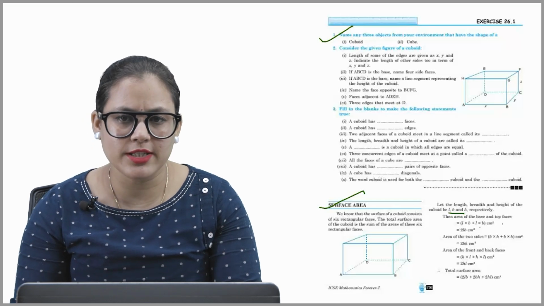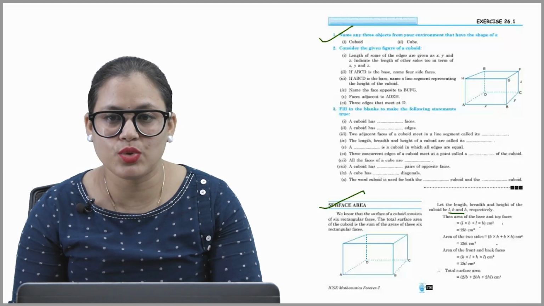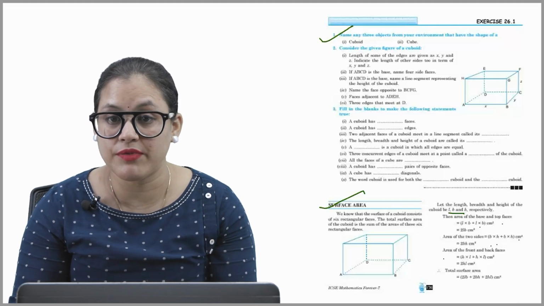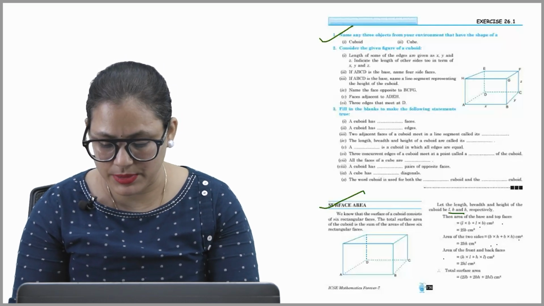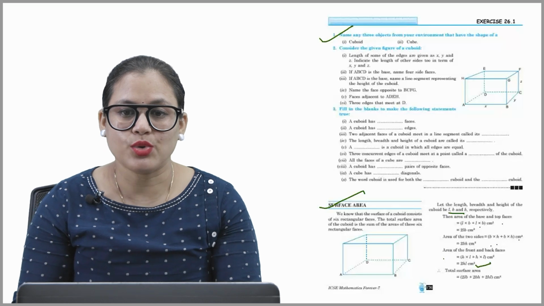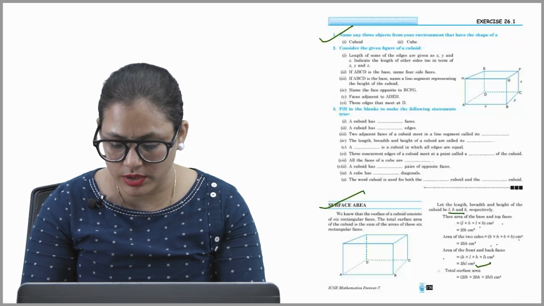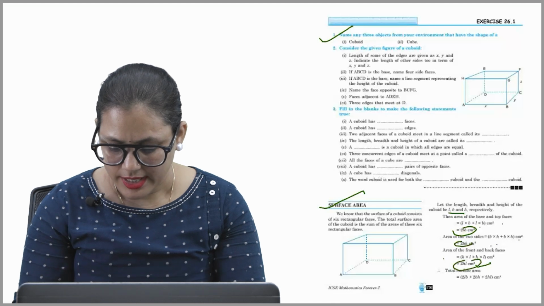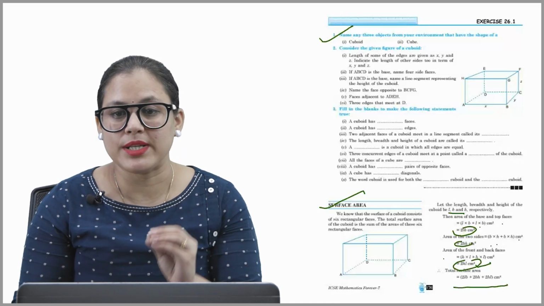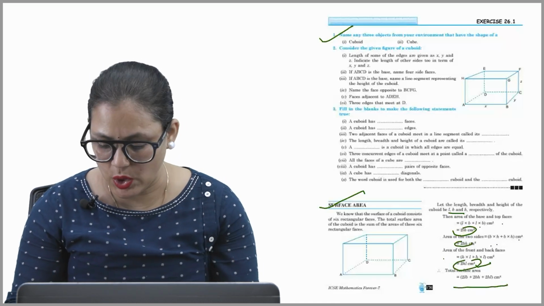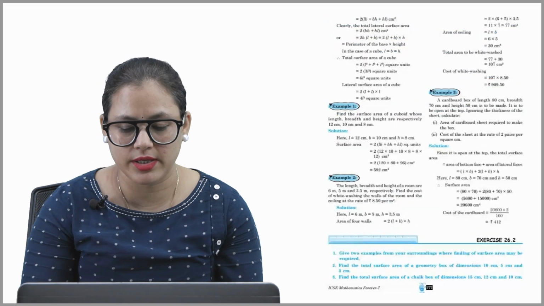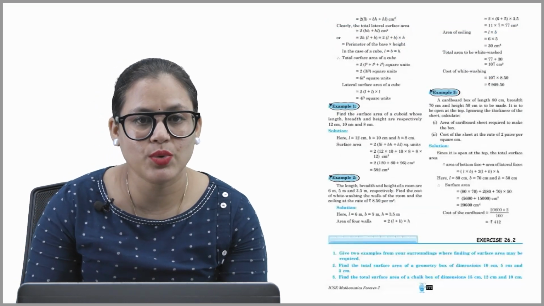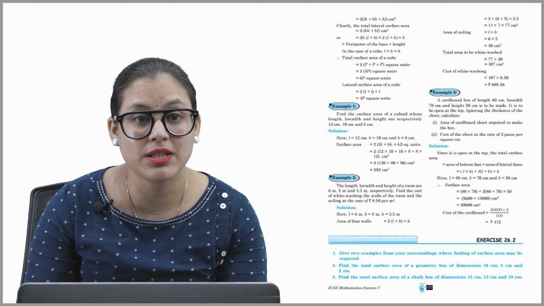Now the area of the 2 sides, B into H plus B into H, that is 2BH, and the area of the front and the back faces, H into L plus H into L, that is 2HL. Now the total surface area is what? We will add all these 3 areas, and here it is 2LB plus 2BH plus 2HL, and 2 is common, so we will take 2 outside the bracket. Then we get 2 times (length into breadth plus breadth into height plus height into length) centimeter square.